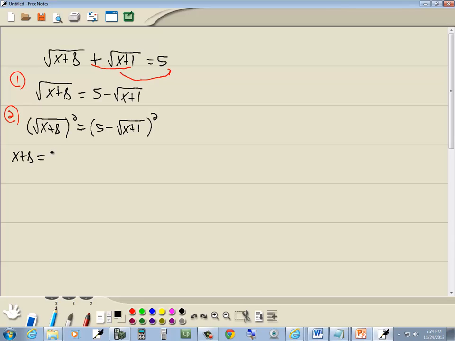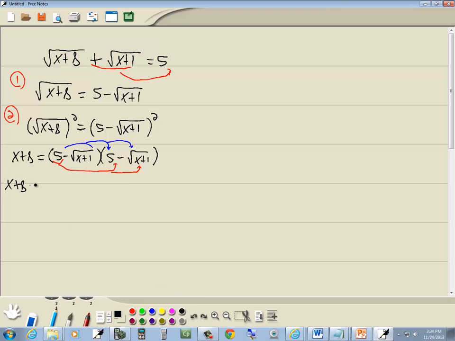Over on the right side, 5 minus square root of x plus 1 squared means 5 minus square root of x plus 1 times 5 minus square root of x plus 1. We're going to take this 5 here, I'll multiply it times the 5 in the other parentheses, and times the square root. And we'll take this square root and multiply it times the 5 and times that square root.